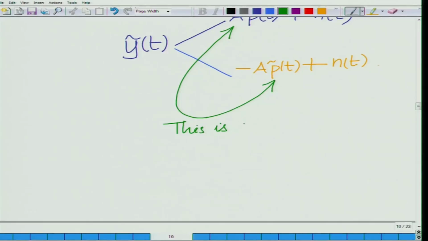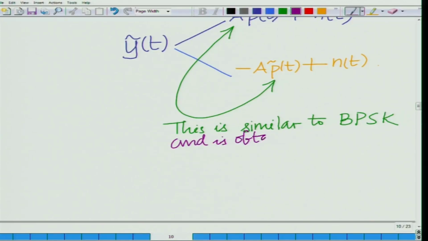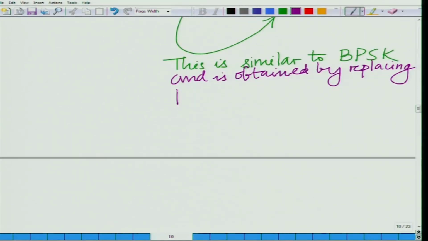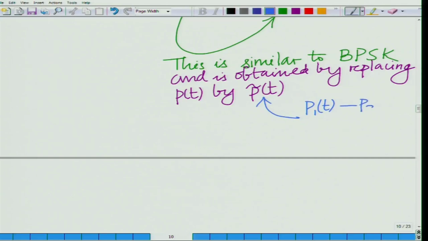So, note that this is similar to binary phase shift keying and is obtained by replacing p t by p tilde t. p tilde t is basically p 1 t minus p 2 t divided by 2.